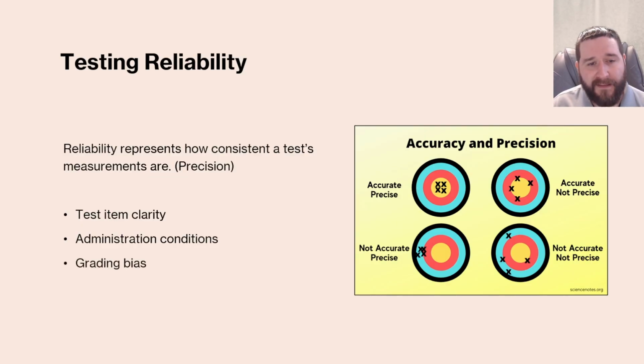Also, grading bias. If you have multiple graders, we can get an unreliable test if they are grading differently. And finally, low sample size. If we're just taking one test at a time, that can also throw off our reliability.